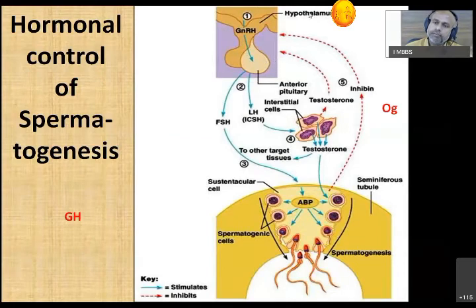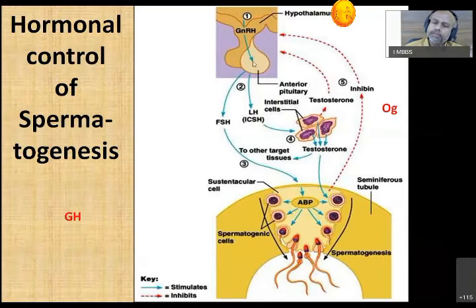You have learned the hypothalamo-hypophyseal portal system. Whatever GnRH is secreted through this portal blood vessel reaches the anterior pituitary. This GnRH acts on gonadotropes of the anterior pituitary, and these gonadotropes release gonadotropins.